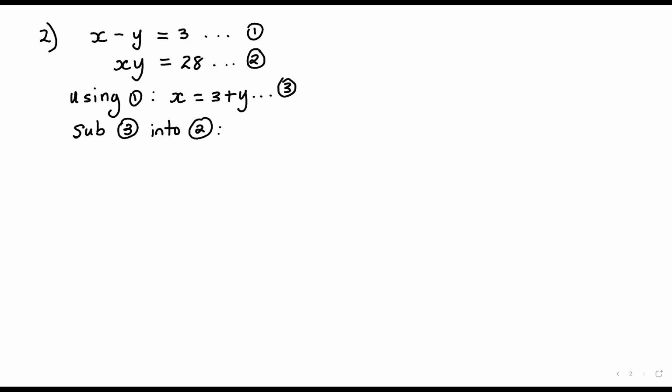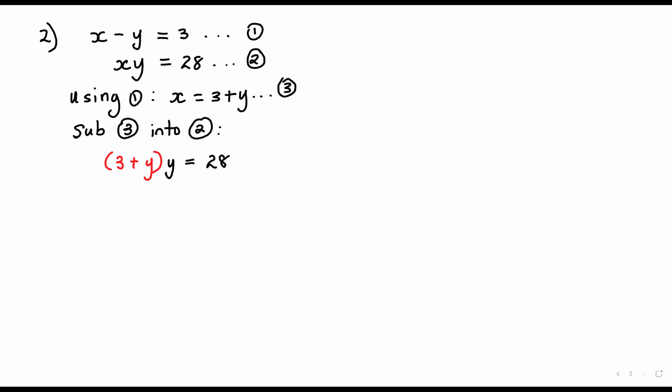So remember here where you have xy, that literally means x times y. So when you are replacing x in this equation 2, you have to put that 3 plus y in brackets like this. So it'll be 3 plus y, times y, is equal to 28.